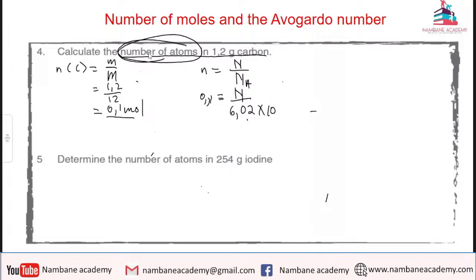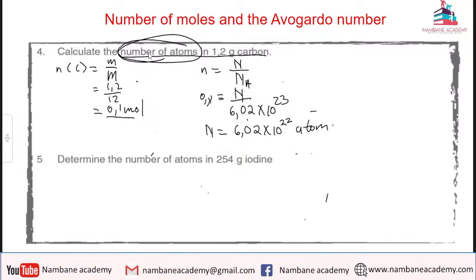Then I take the calculator, multiply by 6.02 exponent 23, and this gives me something like number of particles is equal to 6.02 multiplied by 10 to power 22 atoms.